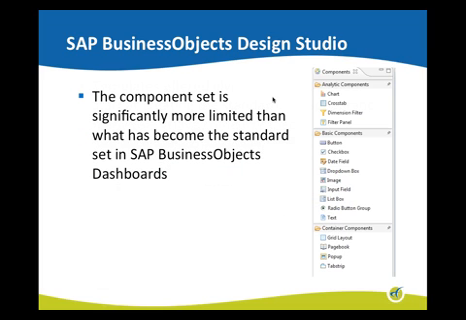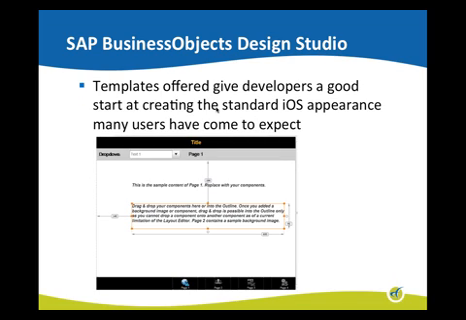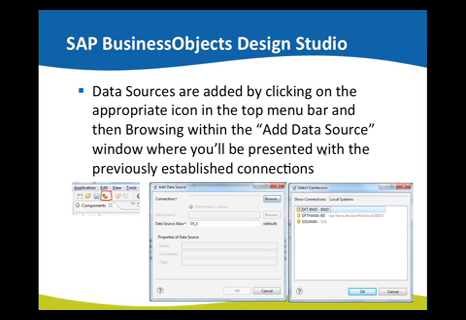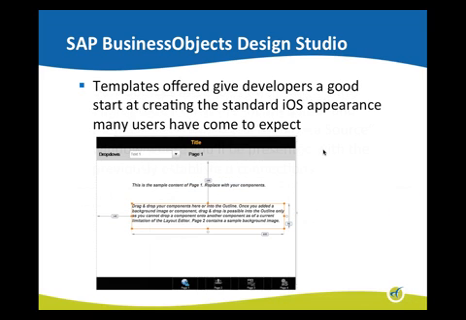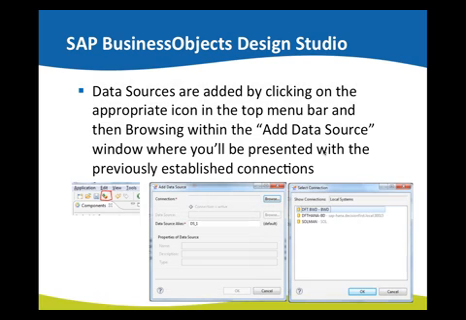The component set is definitely more limited than in dashboards, but this is also from almost a year-old instance of Design Studio, so it has grown significantly since this release. It gives developers a good start at creating the iOS appearance that a lot of people come to expect. Your drop-downs, your text, and it looks familiar to your standard user. Of course, with iOS 7, the black and all that is probably going to change, but.